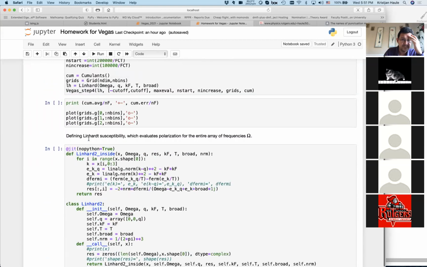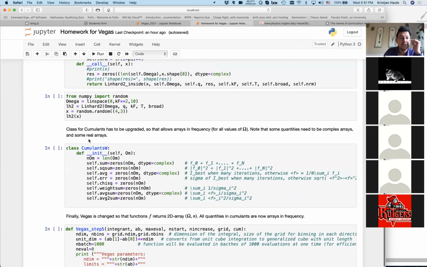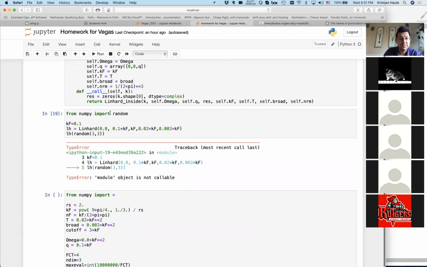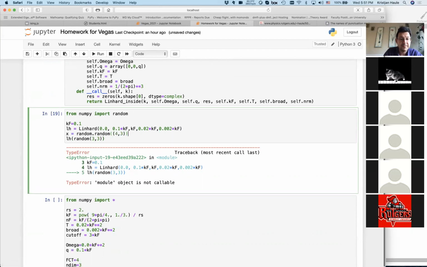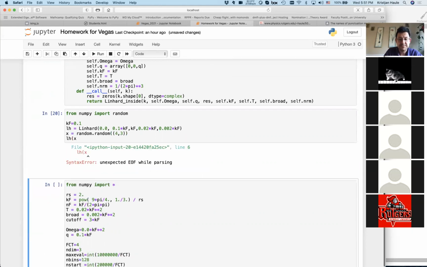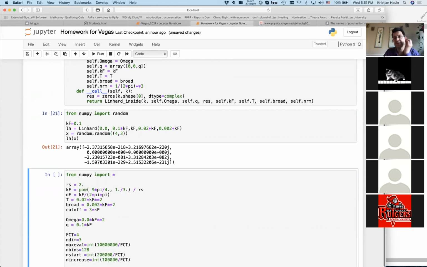Now I'm confused. From NumPy import random. This should work. LH of X. Yep, this works. I don't know.